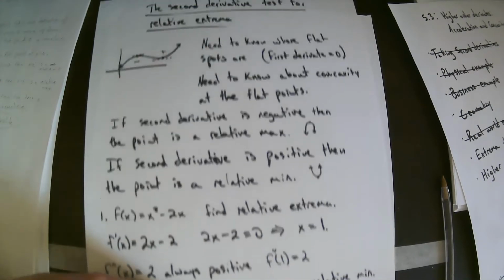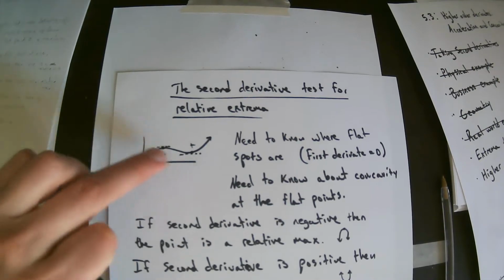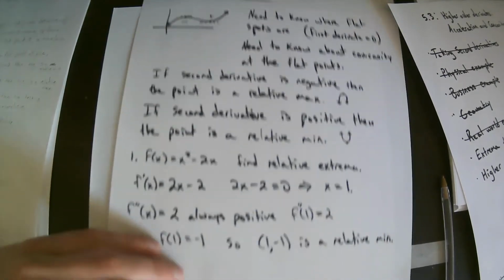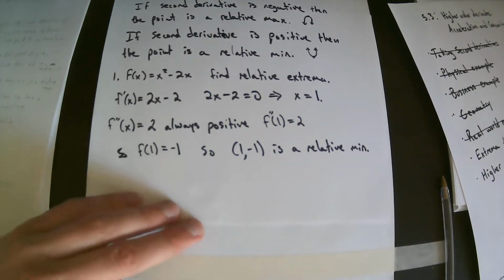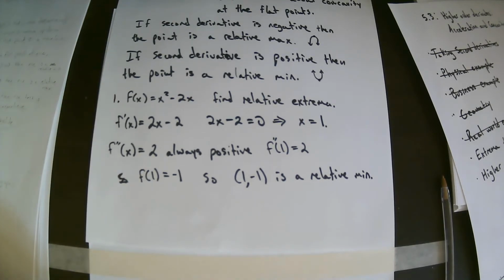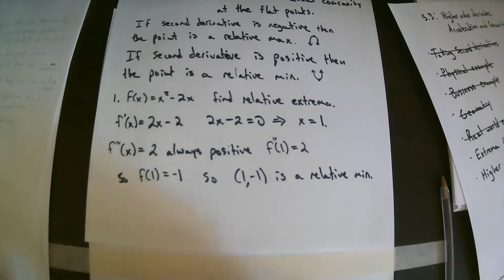It can't tell you about the behavior away from those points. But technically all absolute max and mins are also relative max and mins, because if an absolute max is bigger than every other point on the graph, then relative to the points around it, it's still bigger than those.